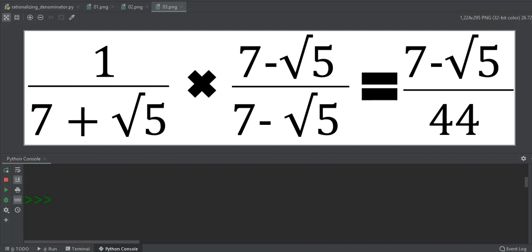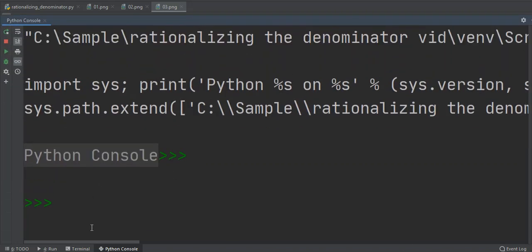And so now that we have some idea of how to do this by hand, how do we avoid ever having to do this by hand? By using Python instead. Usually when we do calculations in Python and we throw a number in there like the square root of 5, Python's just going to convert it into a decimal.